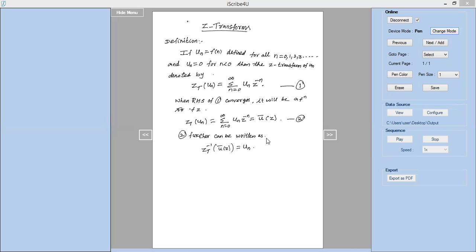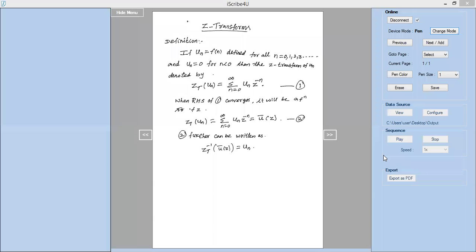Now we'll take the property. This is the Z transform of u_n, and this is the inverse Z transform of u bar of z. If you take the transform of the summation term for u_n, it will convert into u bar of z.